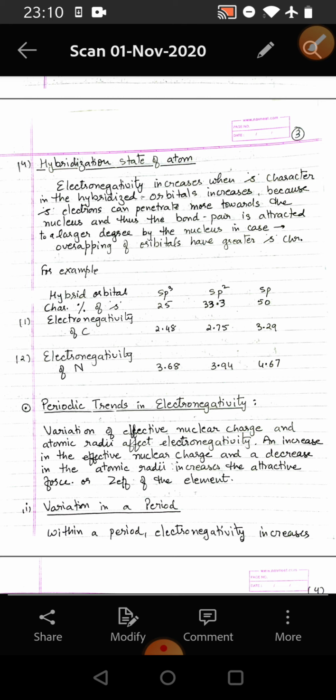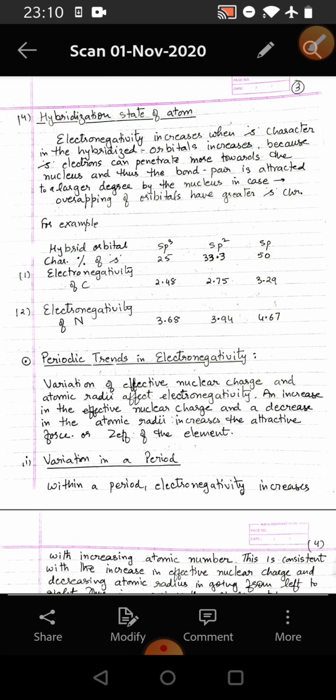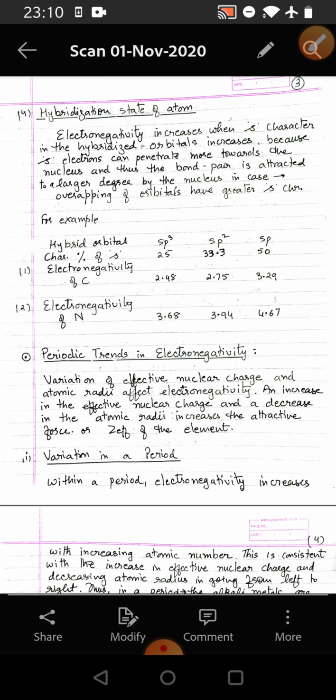Electronegativity increases when the s character in the hybridized orbitals increases, because s electrons can penetrate more towards the nucleus, and thus the bond pair is attracted to a larger degree by the nucleus in case of overlapping of orbitals having greater s character. For example, if we consider carbon having different hybridization sp3, sp2, sp, then in sp3 the s character is 25%, in sp2 it is 33.3%, and in sp it is 50%.